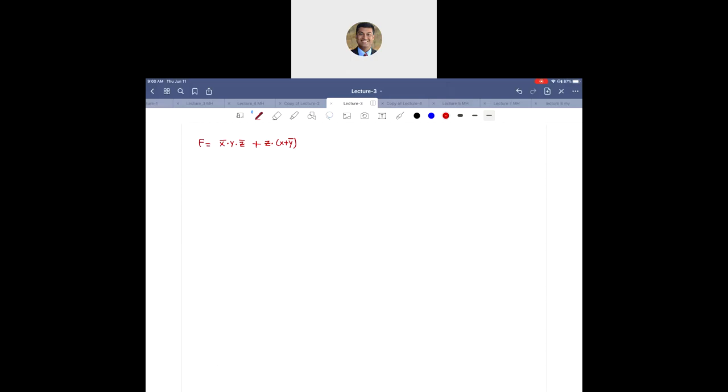That was the expression. I'm going to use a little bit of Boolean algebra here. I've got x complement and y and z complement there, or x and z, or y complement and z here.